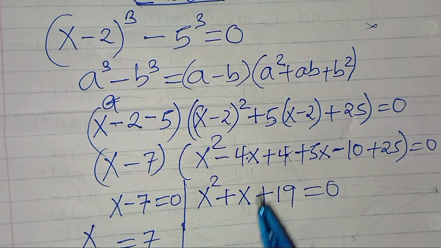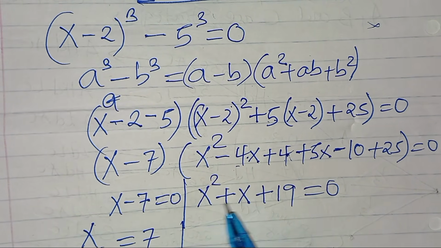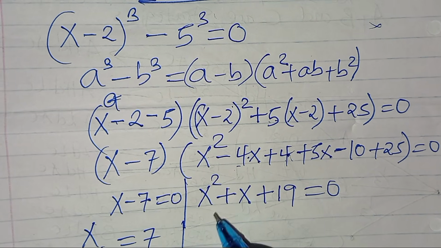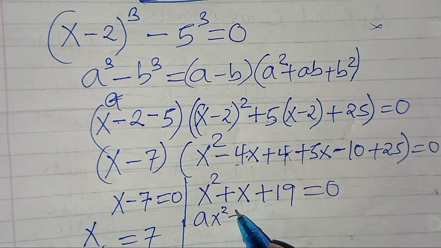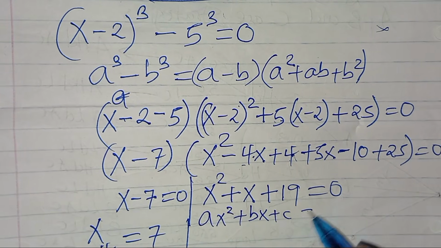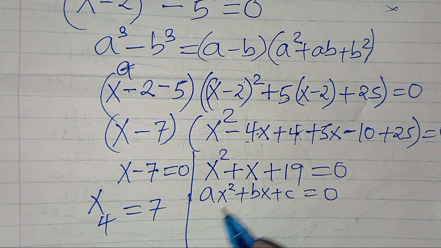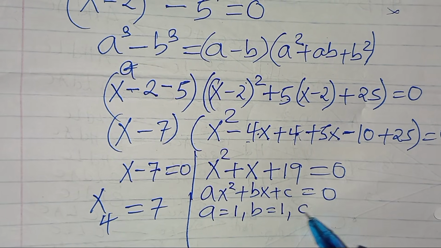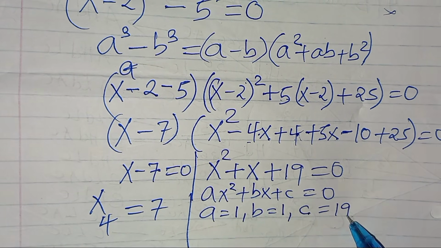And then the next part here, we have a quadratic equation, okay, which is actually in the form of ax squared plus bx plus c is equal to 0. So a is equal to 1, b is also equal to 1, and c is equal to 19.